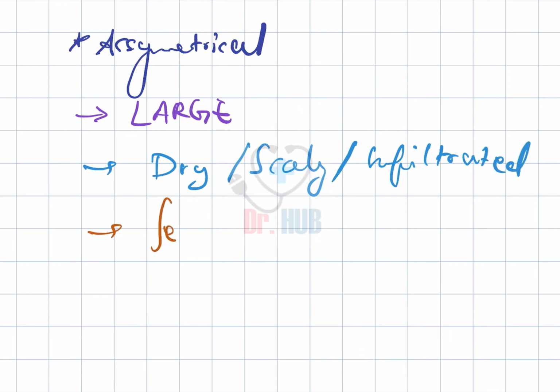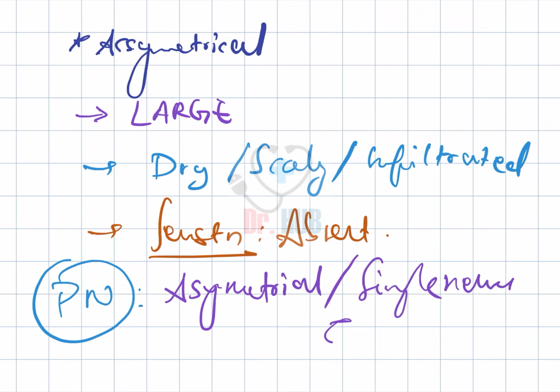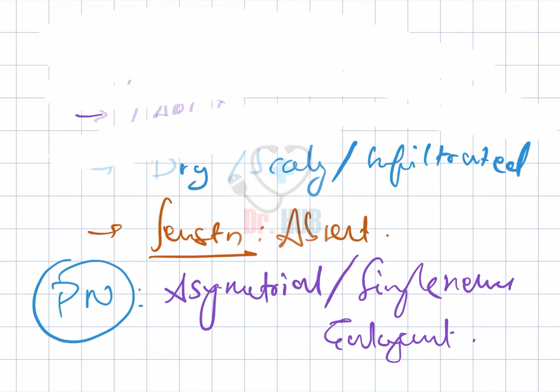Sensations are usually absent. Looking at peripheral nerves, it is asymmetrical, single nerve enlargement. Looking at the hair, it is usually absent. Bacteriology of hair is absent, and bacteriology of split skin smear is negative.